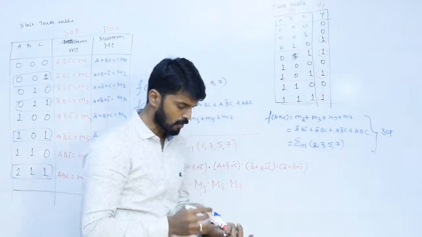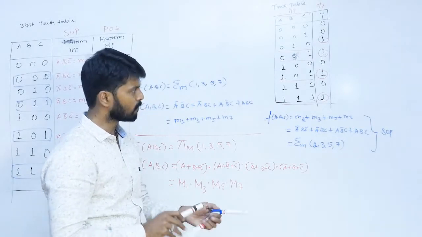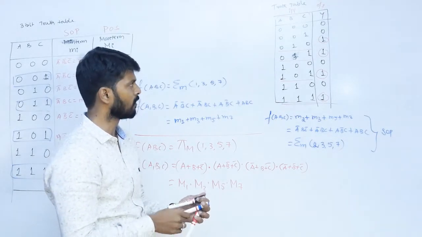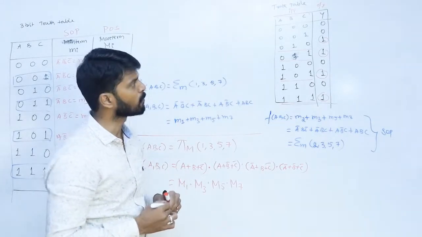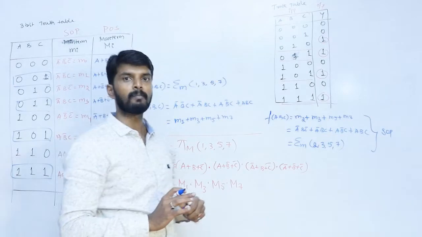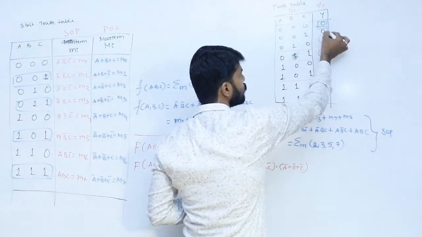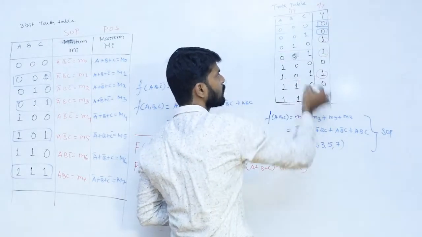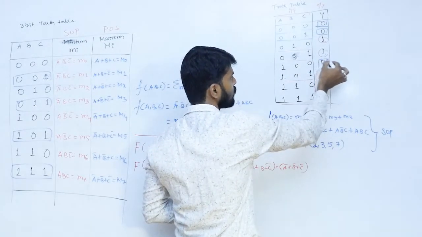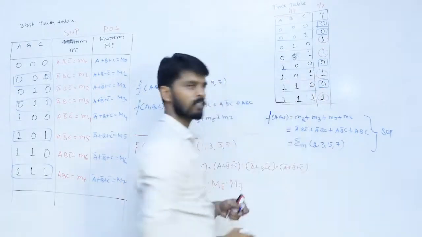Now similarly, if I want to write a POS equation with the help of the same truth table, how do I write it? If I want to write any POS equation, we need to see only the zeros. Whichever the output is 0, that corresponding term should be there in my final equation. So wherever the 0 is there, I will consider that for my final equation.